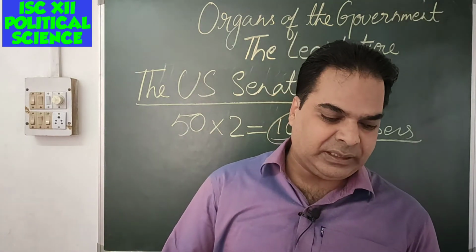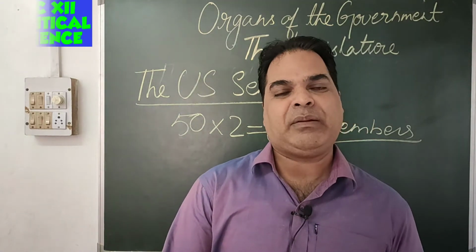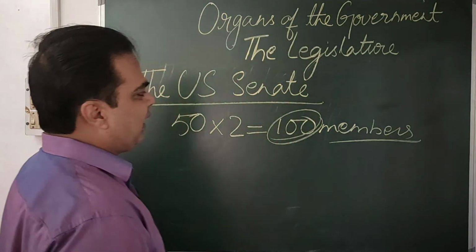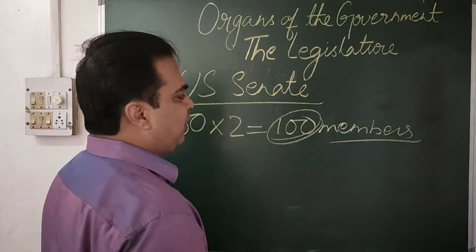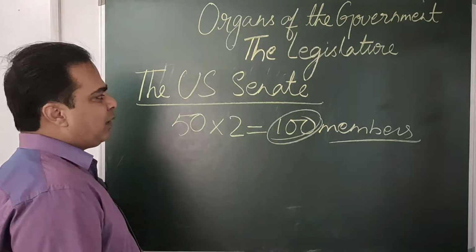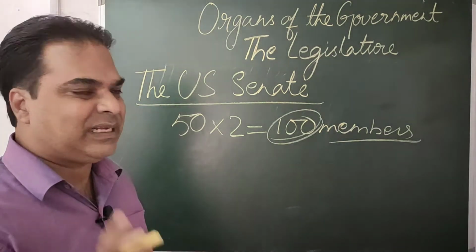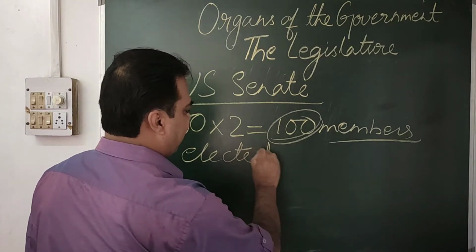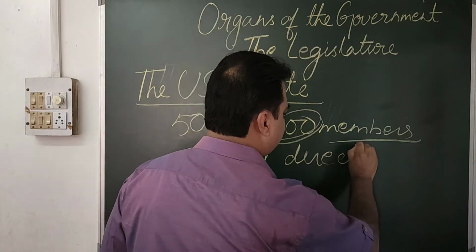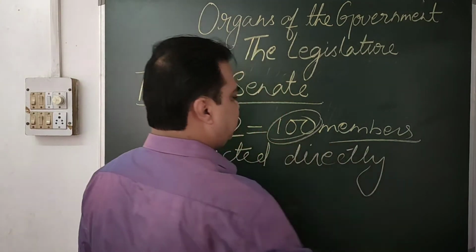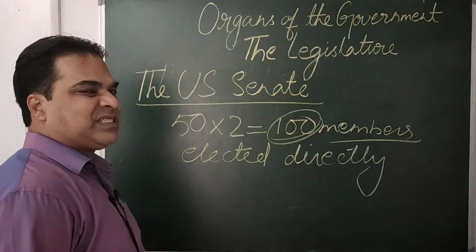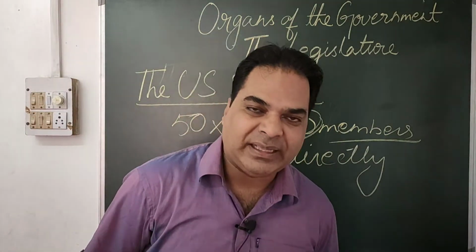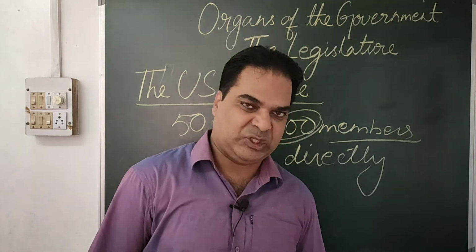In 1913, through the 17th Amendment Act, this indirect election was made direct. So the members of the Senate are now elected directly by the people of the 50 states.